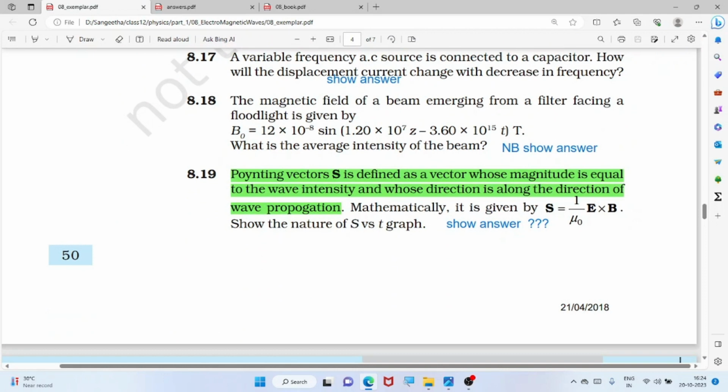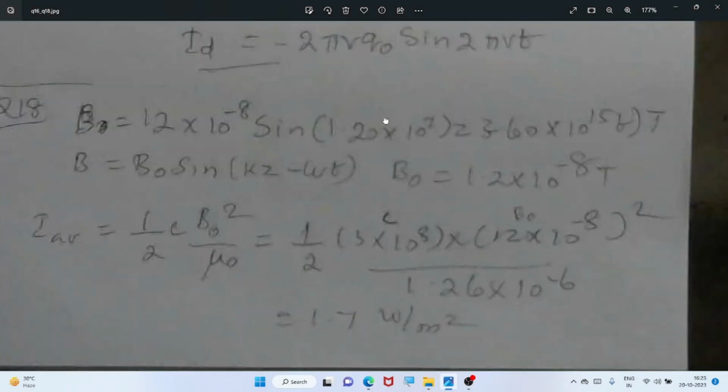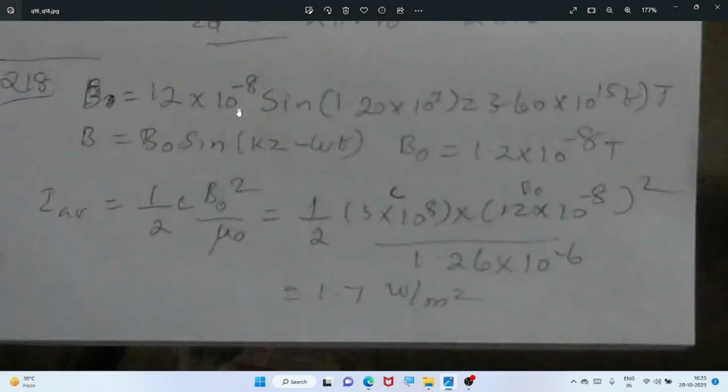The magnetic field of a beam from a floodlight is given. What is the average intensity of the beam? The given expression resembles the standard equation.